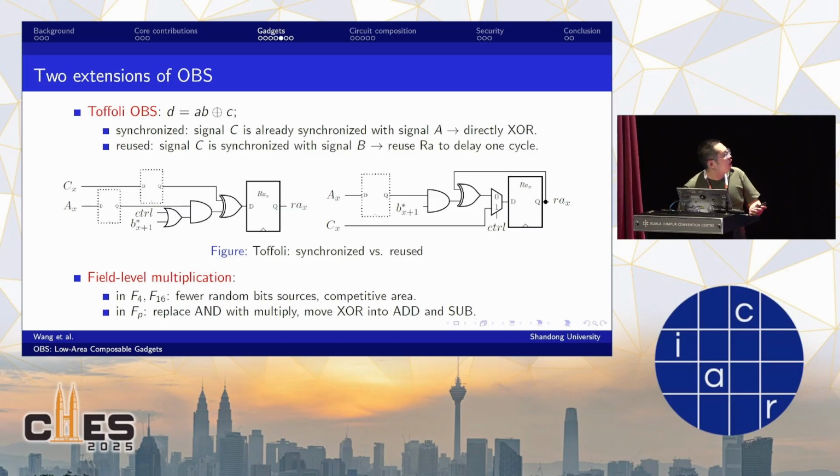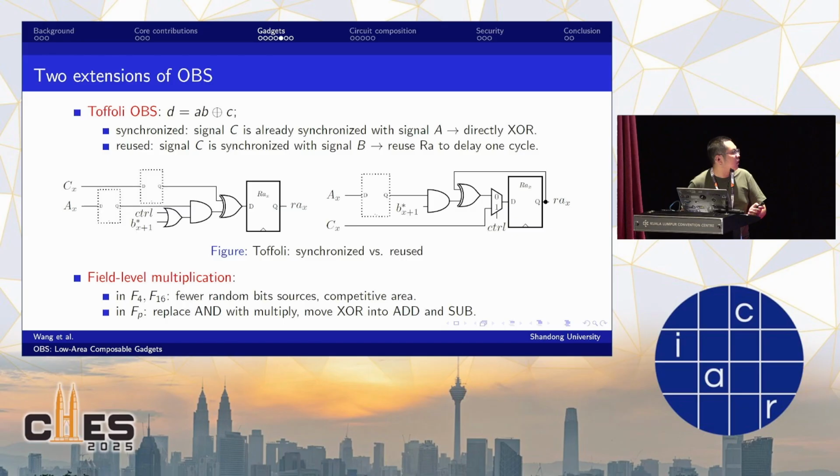And another extension is the field-level multiplication. In the Boolean extension fields, we use the field randomness source, and we achieved a competitive area.